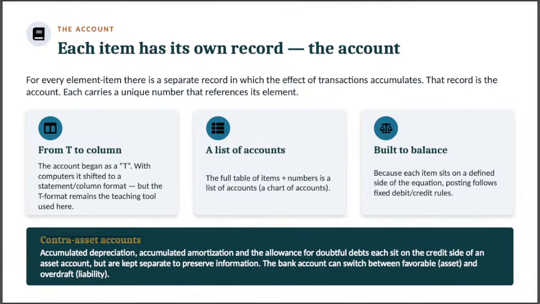There's also the contra asset accounts: accumulated depreciation, accumulated amortization, and the allowance for doubtful debts. Each sits on the credit side of an asset account, but are kept separate to preserve information. Look at that. The bank account can switch between favorable asset and overdraft liability. So the bank account can switch.